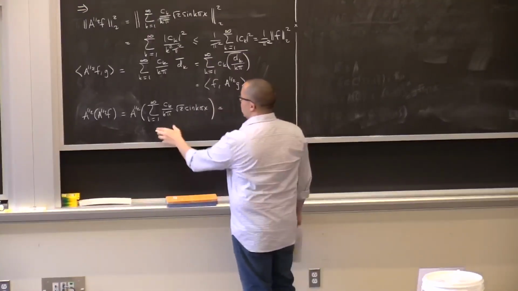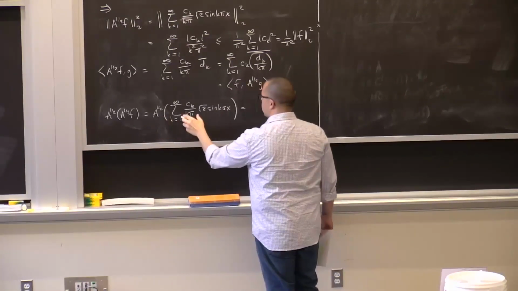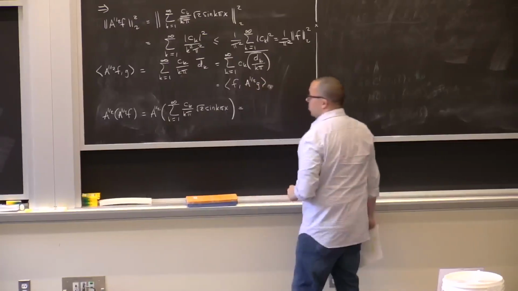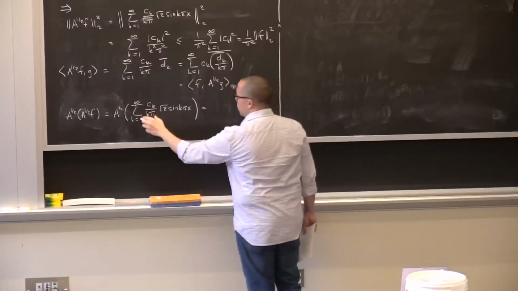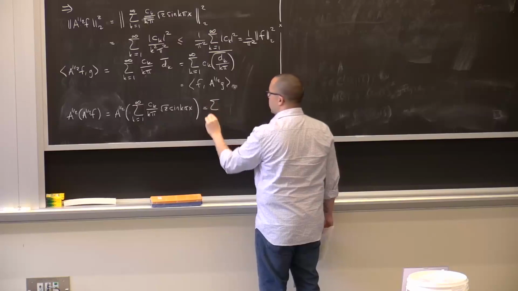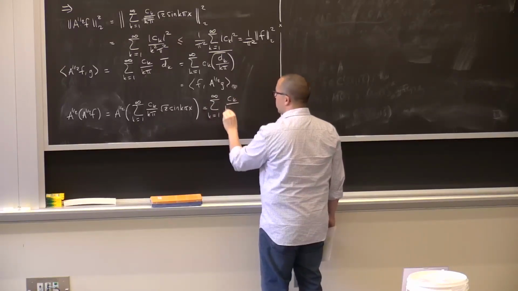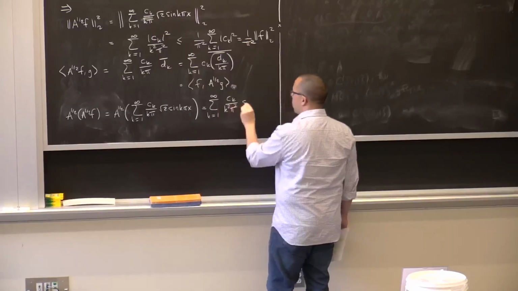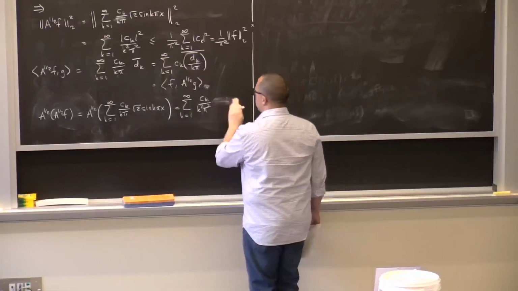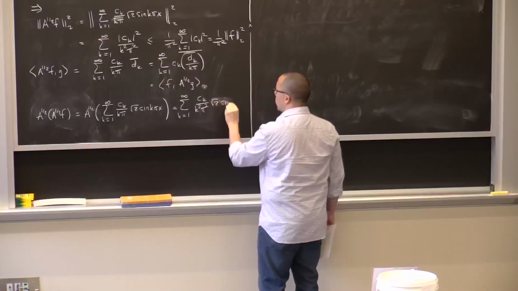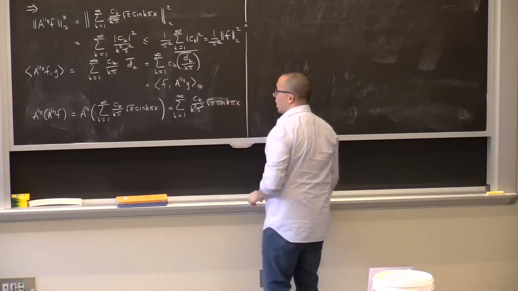Again, how do I apply A to the 1/2? I take the coefficients in front of the basis function and divide by k pi. So then I get the sum from k equals 1 to infinity of ck over k squared pi squared times square root of 2 sine k pi x.